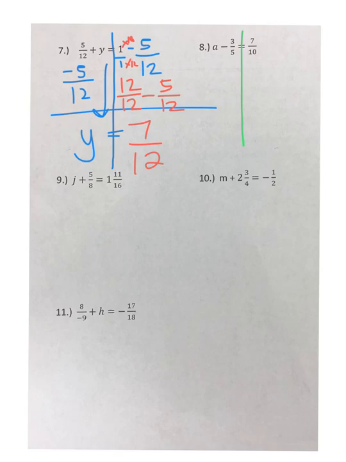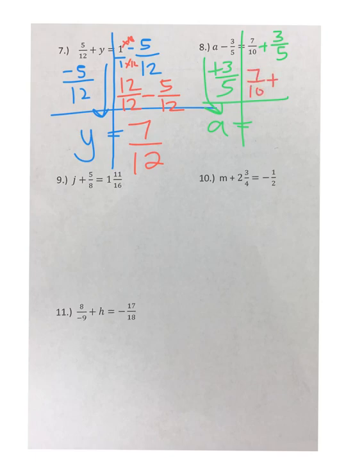Okay, for number 8, we're going to do the same thing. We have a minus 3/5 equals 7/10. Since a is being subtracted by 3/5, we are going to add 3/5 to both sides. Okay, this leaves us with a on this side, and then we need to do 7/10 plus 3/5. So again, we need to make common denominators, which our common denominator would be 10. So we need to multiply 7/10 by 1, which just stays 7/10.